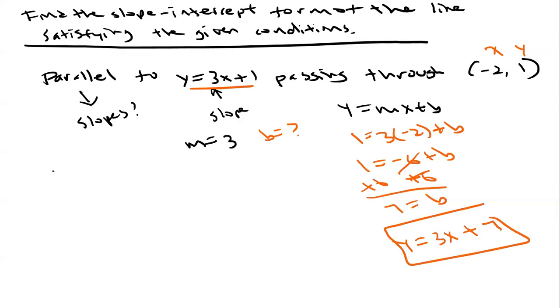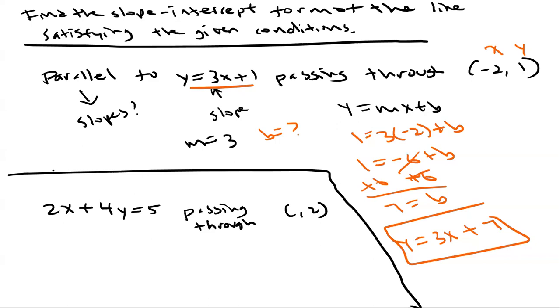Okay, so for this one, we want to do the same thing. We want to find the slope-intercept form of the line satisfying the given conditions. We have 2x plus 4y equals 5, and it's going through 1, 2.